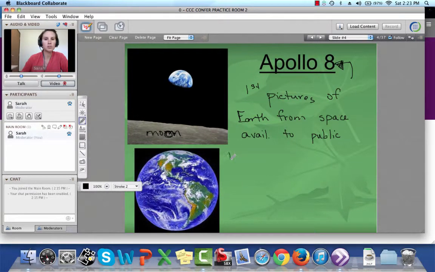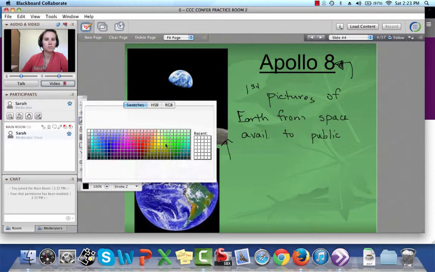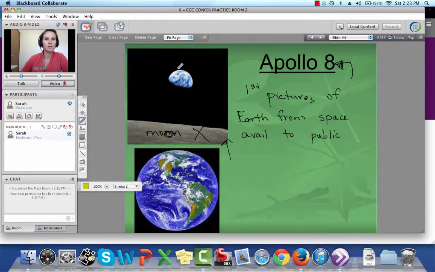And this picture in particular is pretty important because you can see how desolate and dead the moon is compared to this very life-giving circle floating out here.